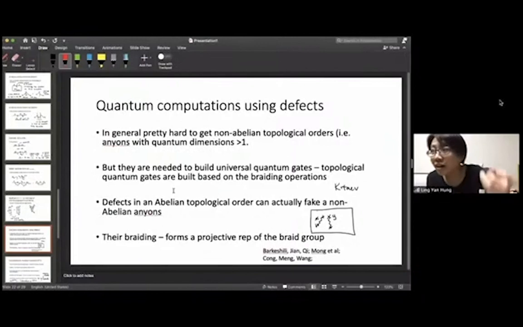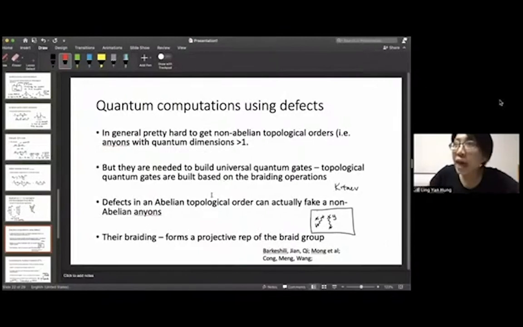And so if I can make use of these things and braid them somehow, then I would be able to create logical gates without actually realizing a non-trivial topological non-abelian theory. I could start with some abelian stuff and then create some defects and interfaces and braid those interfaces. And so this is one of the reasons why people got interested in looking into defects and interfaces and so on.